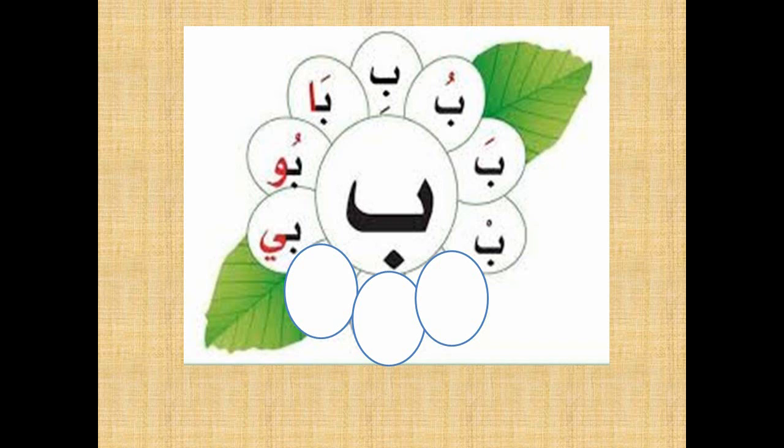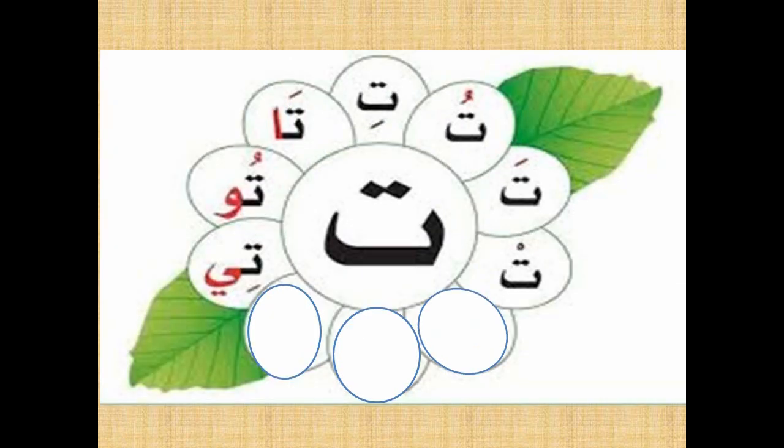For example, we have ba, bu, bi, b. These are short ones. And we have baa, boo, bee. Right? This is ta. We have ta, fatha, tu, damma, ti. Under this letter kasra, we pronounce it ti. And if you have a small circle, t. Again, with long vowels, taa, too, tee.